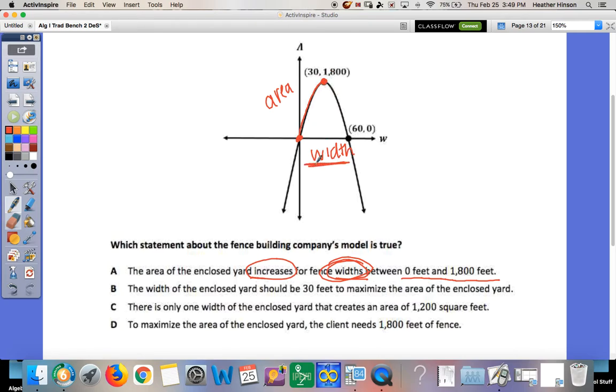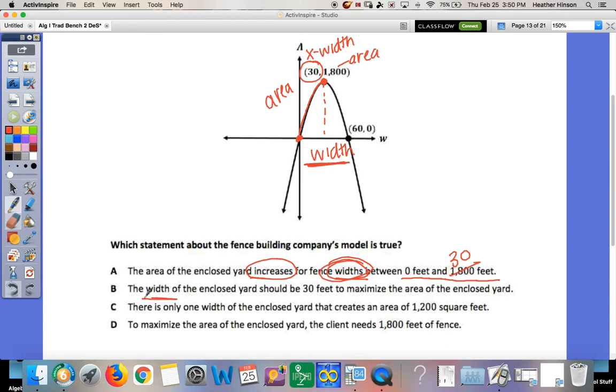Our width is the x value. So that is 30. That's your width. It is not 1800. 1800 is your area. So this is not increasing until it hits 1800. Your width is only increasing until it hits 30. And then it goes back down.